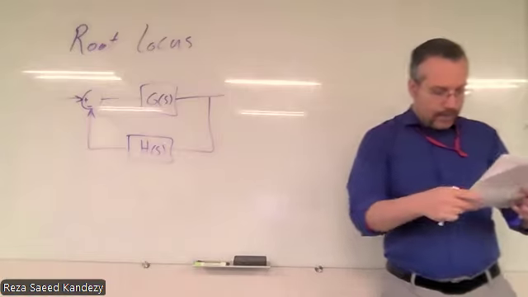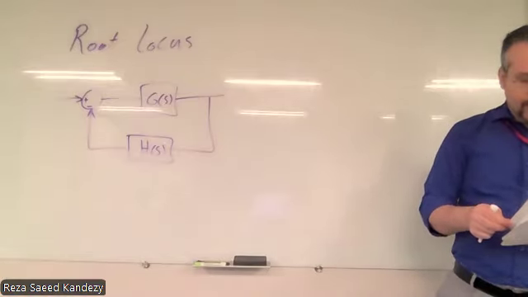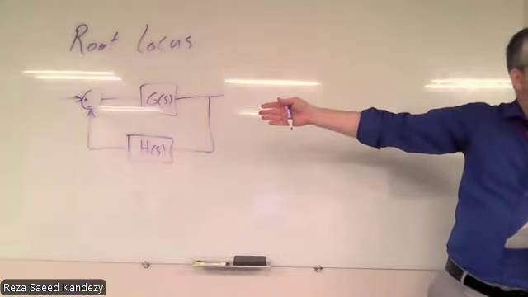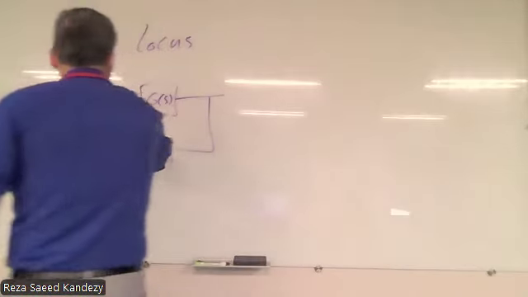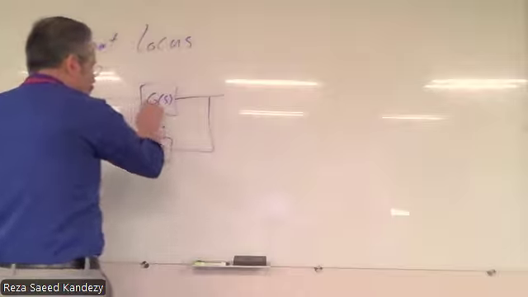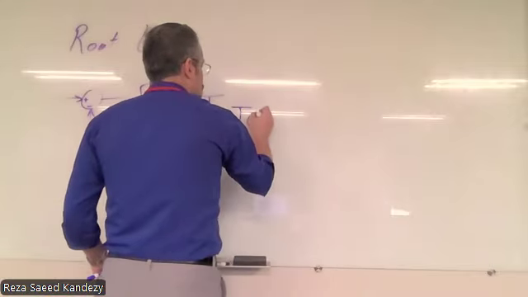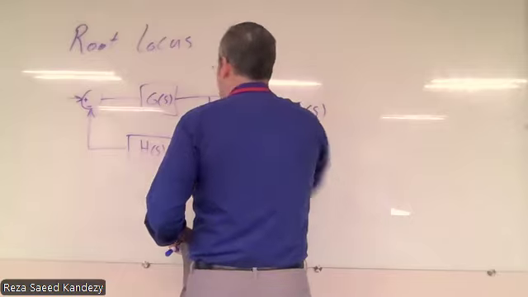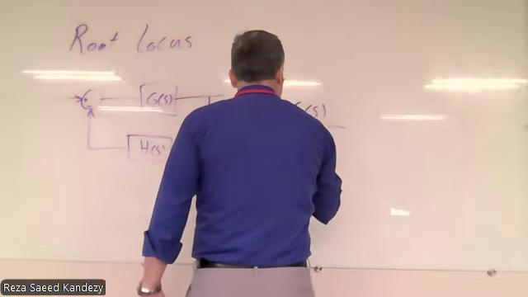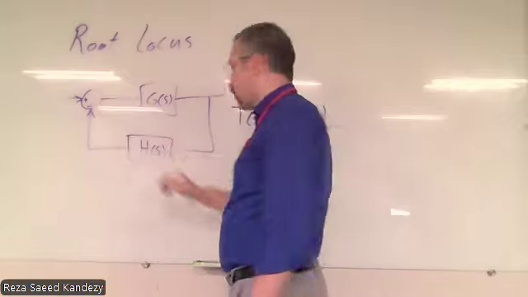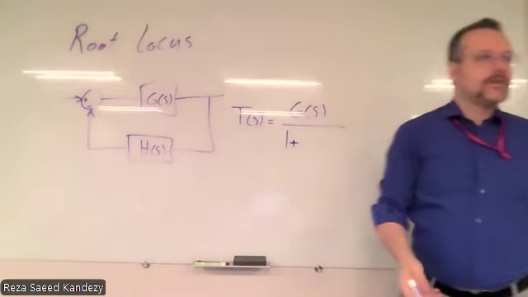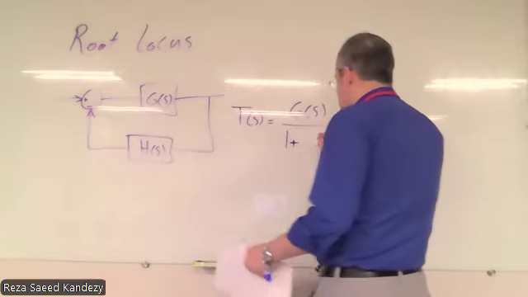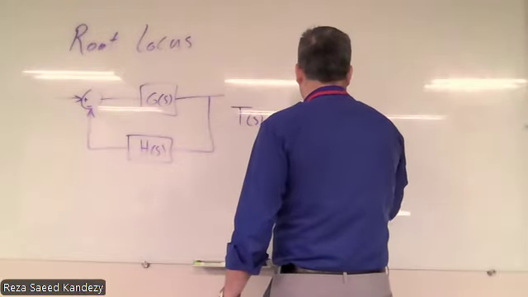okay? And we know that if we have such a system, what would be the transfer function of the whole system? We already talked about that. If we have a feedback and it's a negative feedback, the transfer function of the system is not just G and H. Basically, the transfer function becomes the forward path divided by 1 plus H of s, G of s.